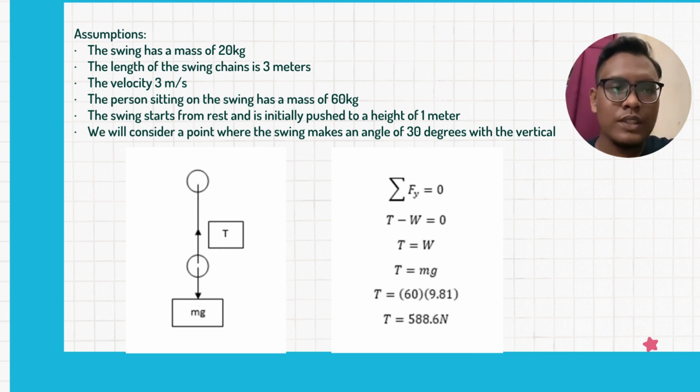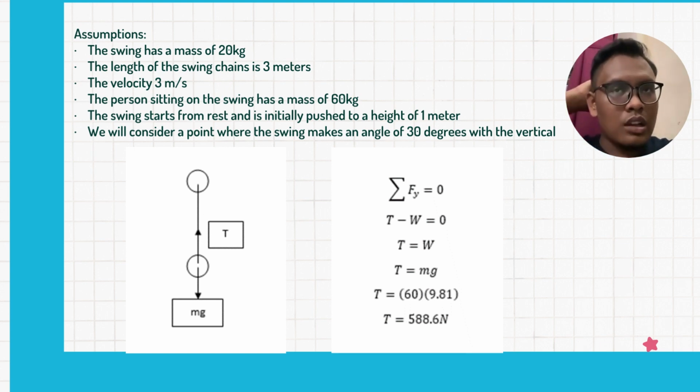So first, we draw the free body diagram of that particle. We assume the tension is going up and the weight is going down. So from that diagram, we can write the equation total Fy equals 0. Why?